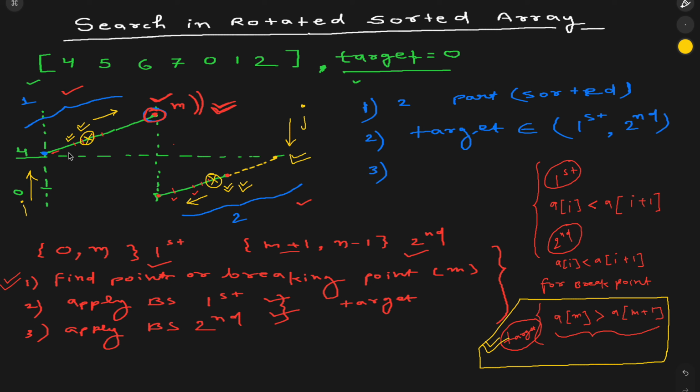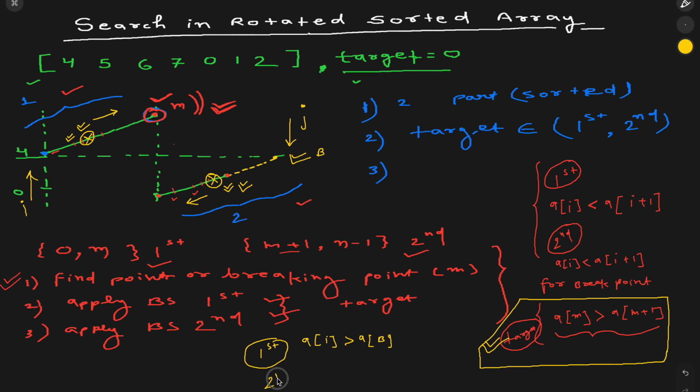Okay, so with this baseline, suppose this is my baseline. All the elements of the first part are greater than our baseline, which is 4 here in this case.